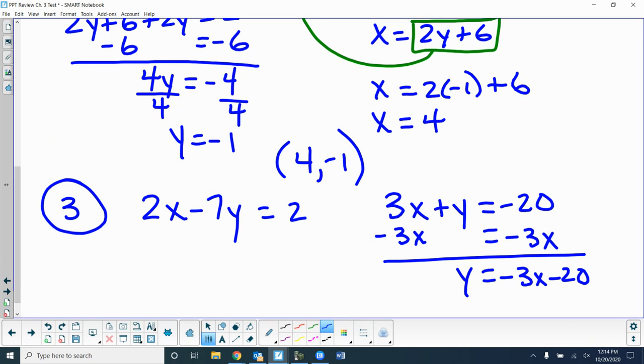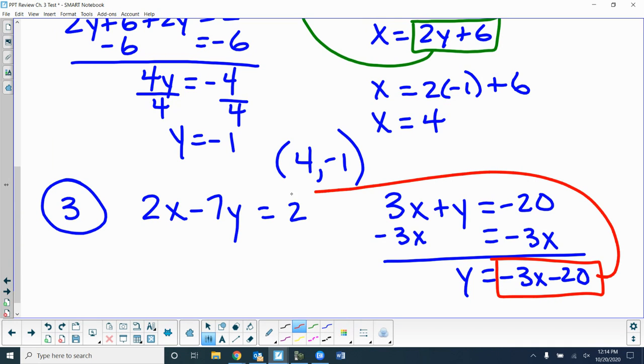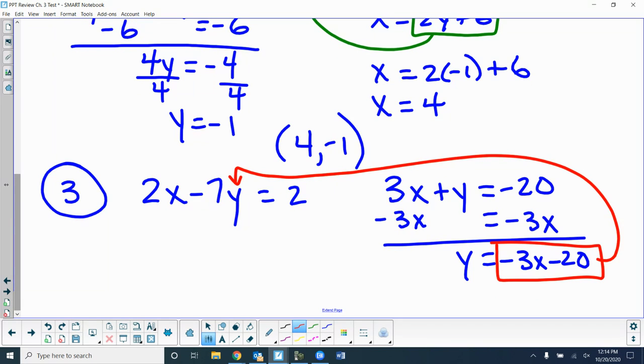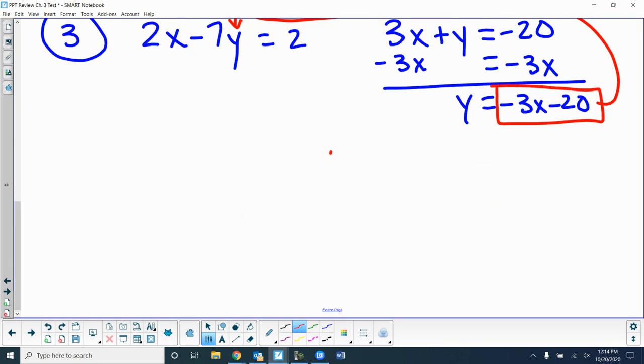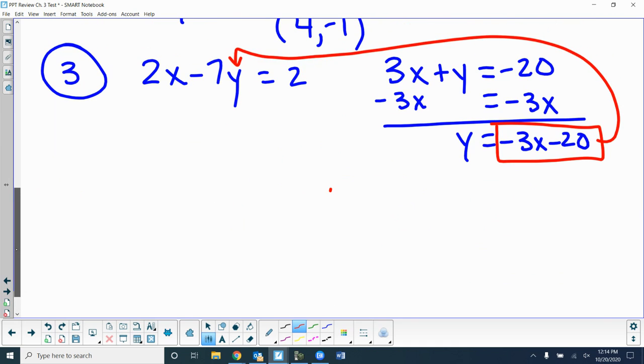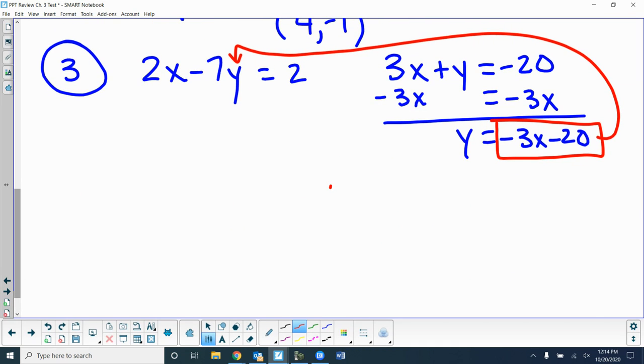And again, take this and put it in for y in the other equation. Don't forget about that 7 in front. Okay? So it's 2x minus 7, and then I substitute negative 3x minus 20 into the y equals 2.